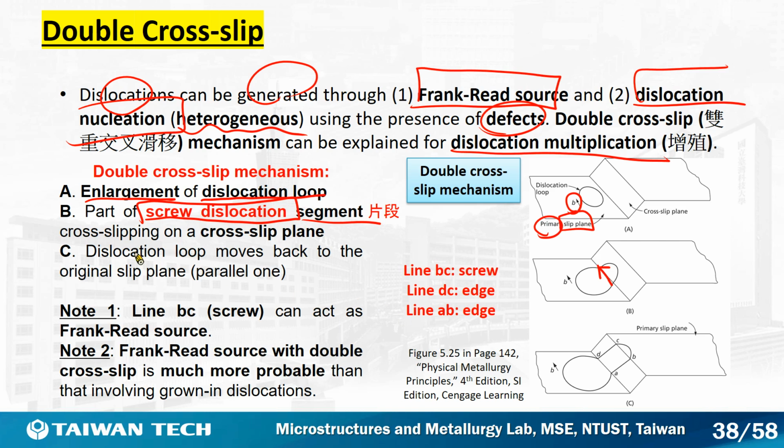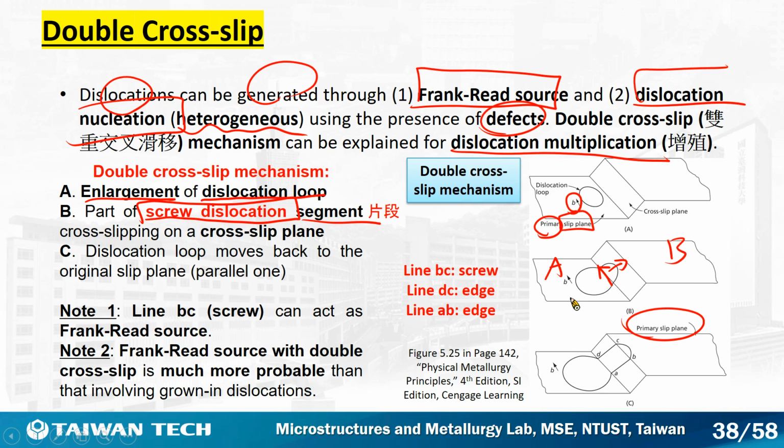And then let's see, because on this slip plane the screw dislocation can also move, it will continually go up. And eventually when it goes to a parallel primary slip plane, this one, A and B, they are the same slip planes, just equivalent.